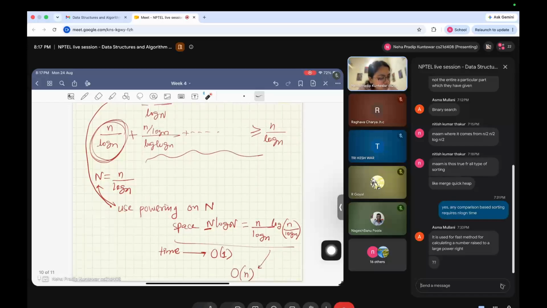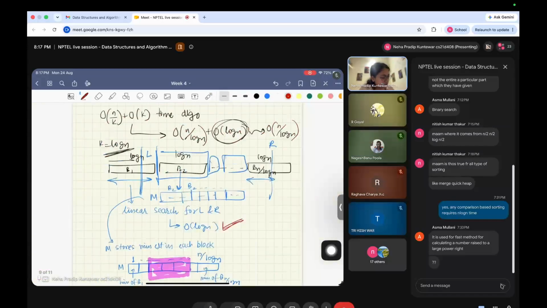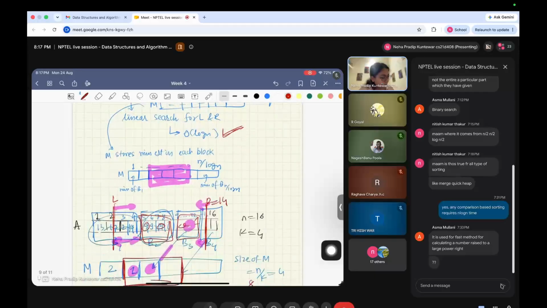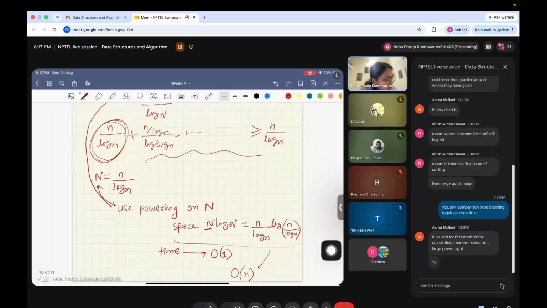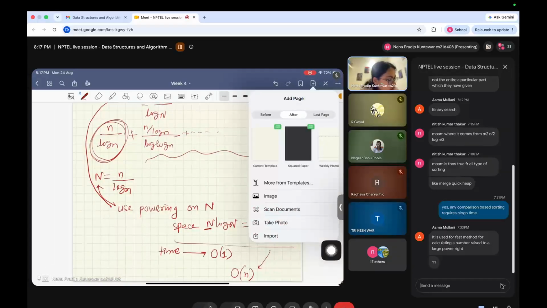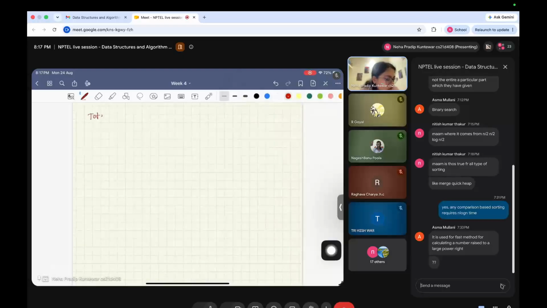So what is the total space that we used? First we are maintaining an array m.